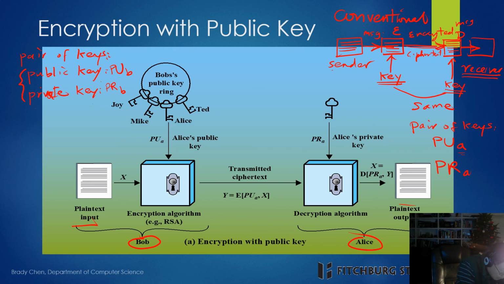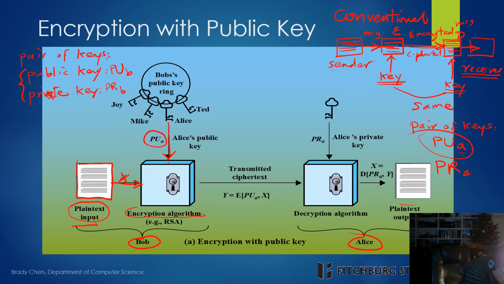Now, in this diagram, if Bob wants to send a message, which is typically a plain text input, we use X to represent the plain text, and it goes through the encryption algorithm. But before that, Bob wants to send a message to Alice, so Bob is going to combine the plain text with the public key of Alice.